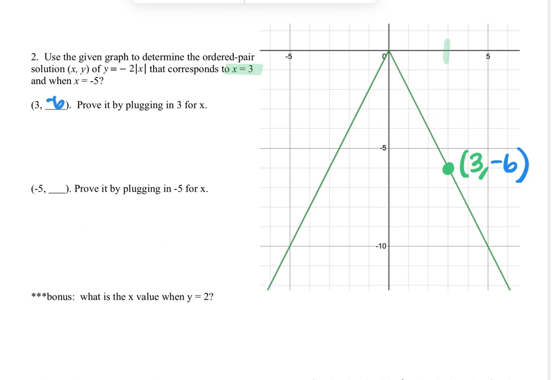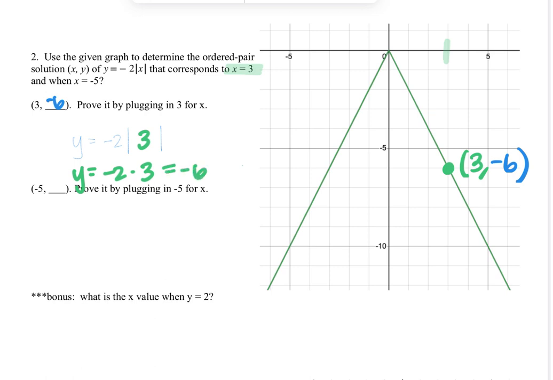Well, let's do that. So we have an equation. Let's plug in 3. When we plug in the 3, we're going to get -2 times the absolute value of 3, which is 3. So y is equal to -6, which is the answer we just got.